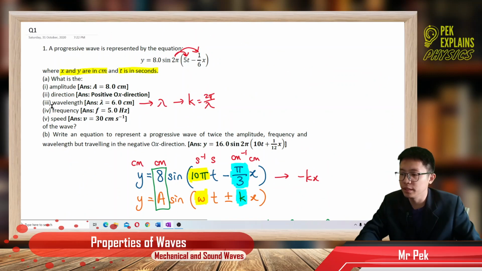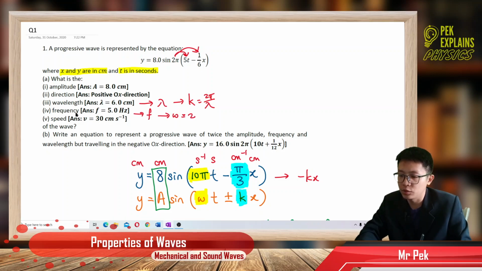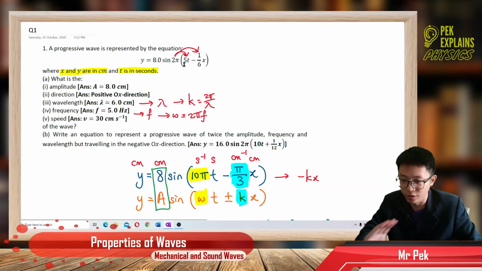Now, the next one, frequency. To get the frequency, we get it from ω, because ω is 2πf. My ω is in front of the time, which is not 5.